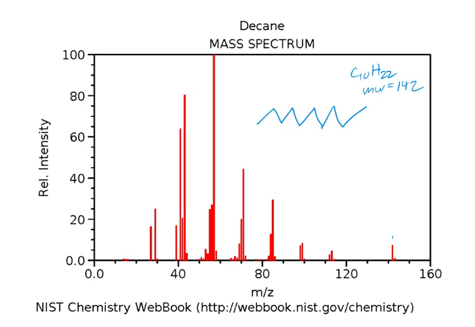Okay, so we do see some molecular ion here at 142. And then what we would notice is that we see 85, 71, 57, 43. I guess this is probably 29. So we're seeing these ions 14 mass units apart.